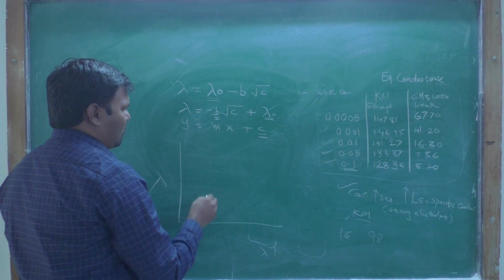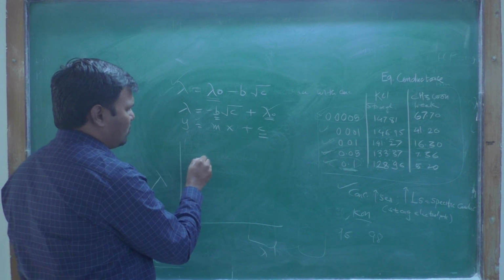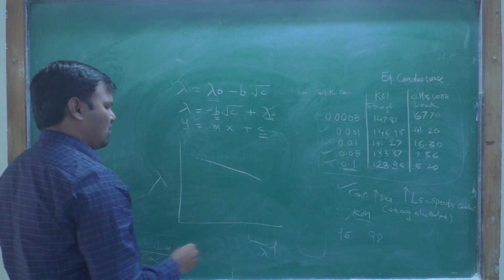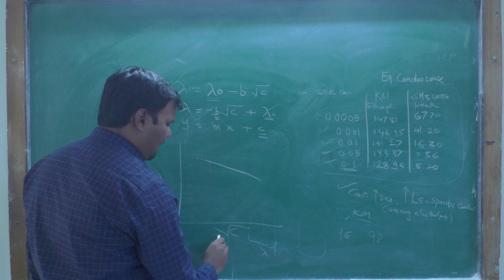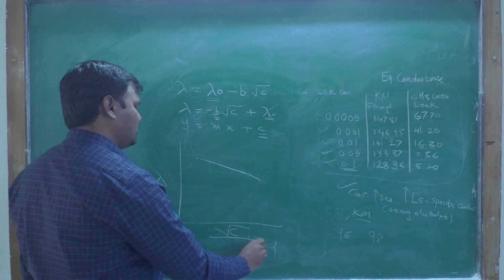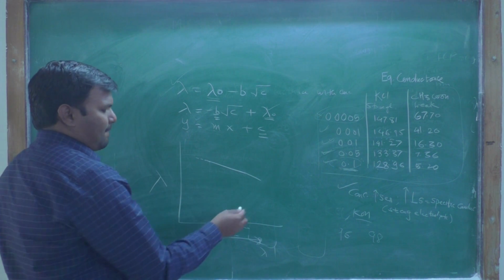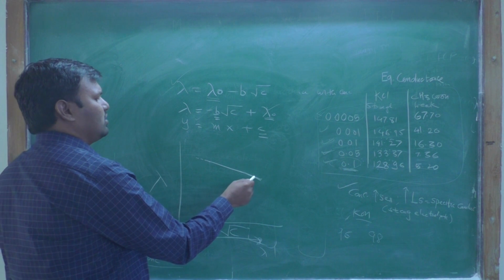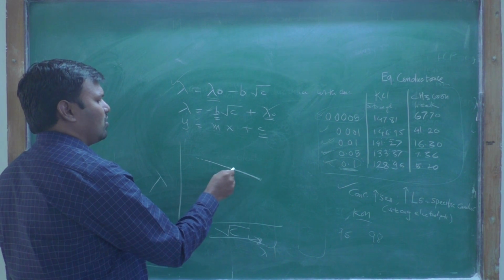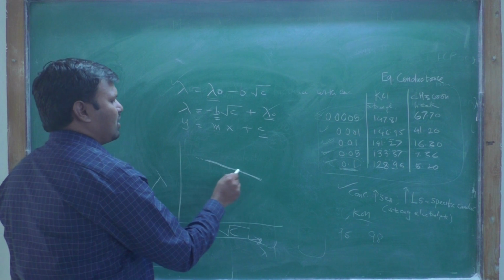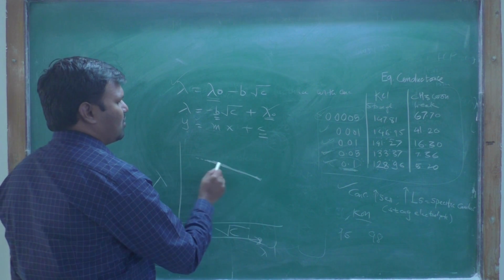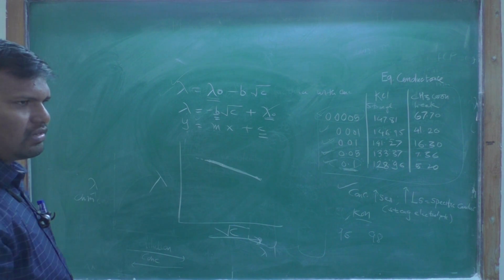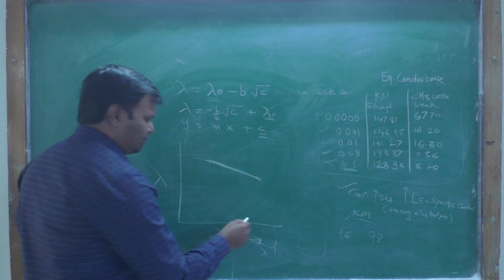For the strong electrolyte, root c increases, which means your concentration increases. As dilution increases, the ions increase for the strong electrolyte, but there is only a very small increase in equivalent conductance that you can observe.